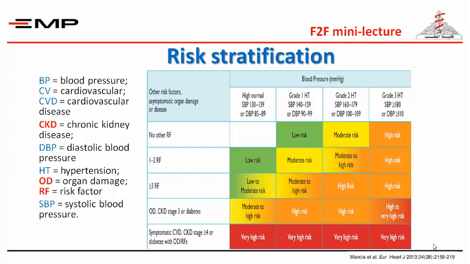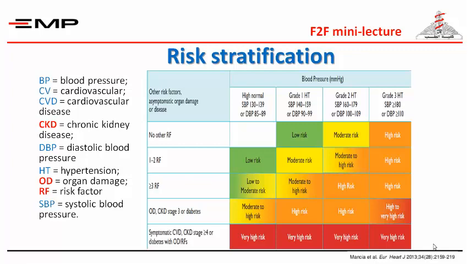This table shows how to risk stratify patients when we know the risk factors for each patient and if there is organ damage or diabetes or chronic kidney disease. According to the number of risk factors, we can risk stratify our patients. According to the presence of diabetes or not, also will help in risk stratification.